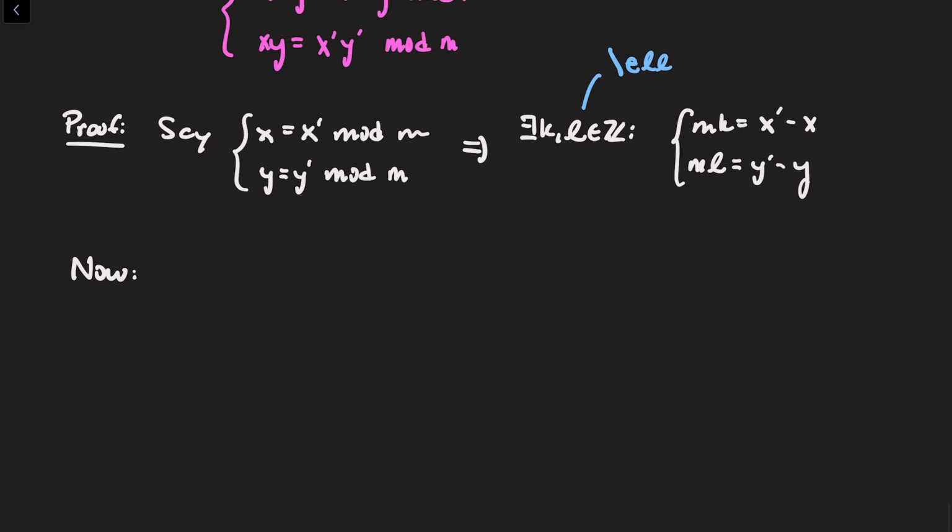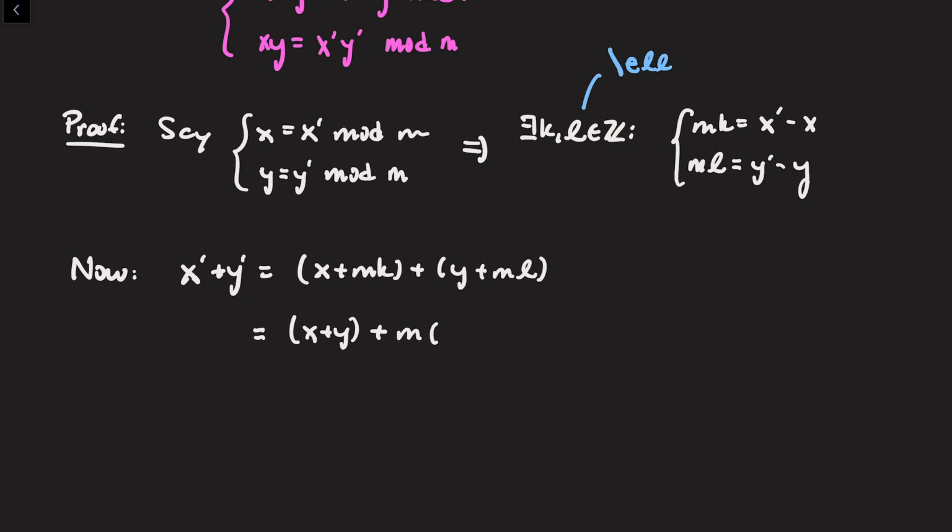So now, let's compute x prime plus y prime. Well, from the relations we have, x prime is just x plus mk, and y prime is y plus ml. And now it's just a matter of rearranging the parentheses: x plus y plus m times k plus l.